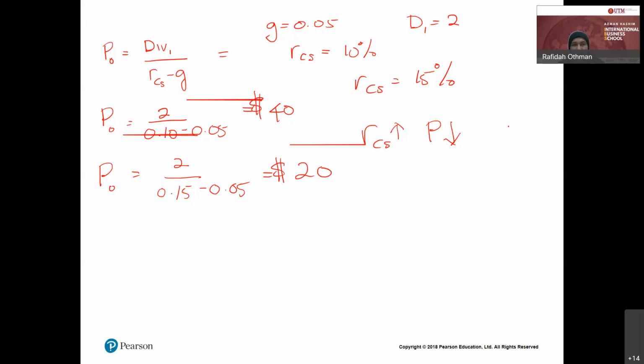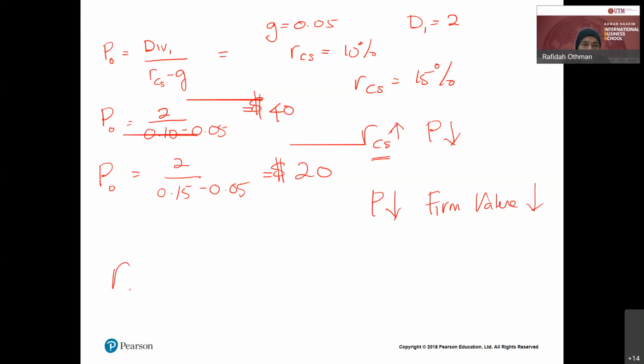So now, when our P is reducing, what will happen to the firm value? Will drop. Did you see the relationship there? Correct. So now, the customer is requesting the return to increase because we have a lot of debt.